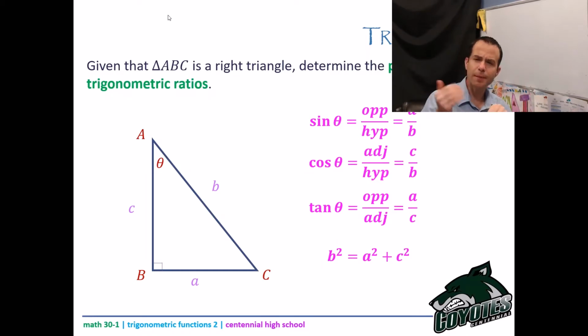So if I can have opposite over hypotenuse and call that sine, why can't I have hypotenuse over opposite? I can. I'm going to call that cosecant. If I can have adjacent over hypotenuse, why can't I have hypotenuse over adjacent? I can, that's called secant. And if I can have opposite over adjacent and call that tan, why can't I have adjacent over opposite? I can, that's called cotangent.